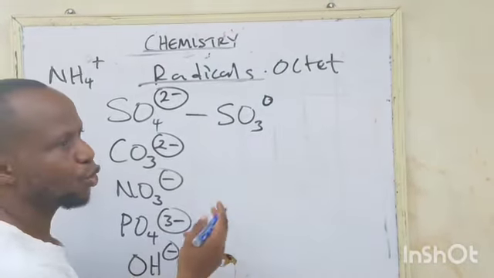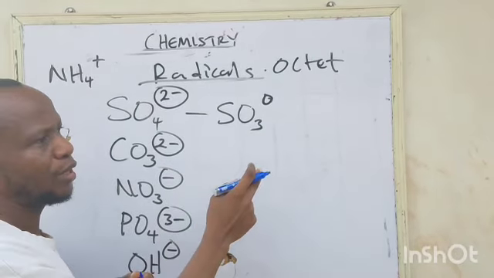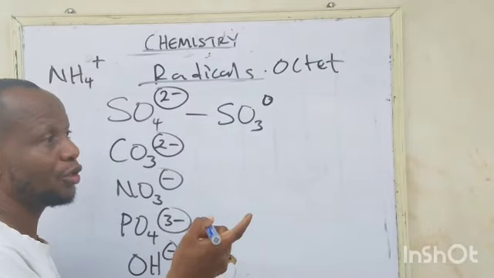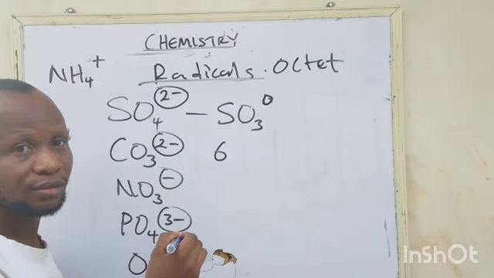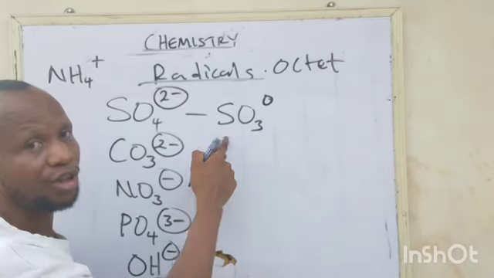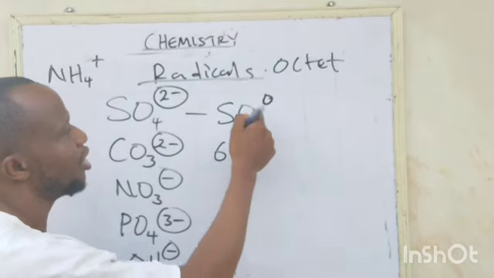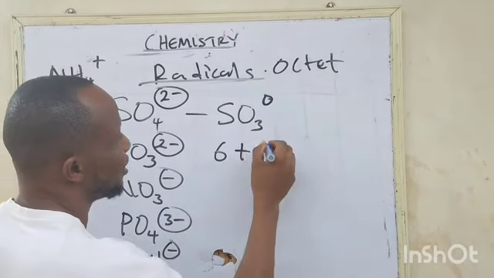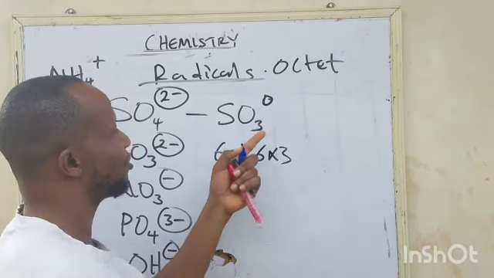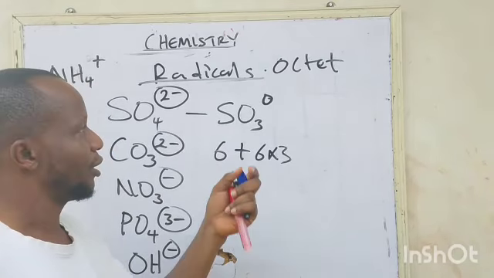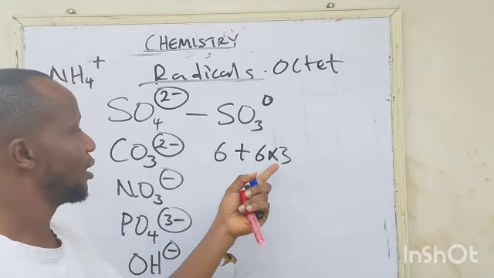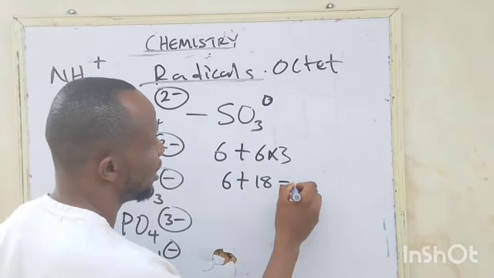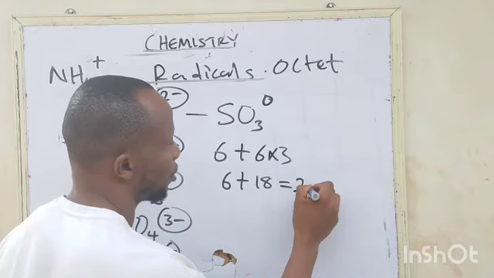Now for SO3, sulfur is in group 6, so the valence electron in sulfur is 6, plus the valence electron of oxygen, in the same group, is also 6, times 3 atoms. 6 times 3 is 18. 6 plus 18 gives 24.